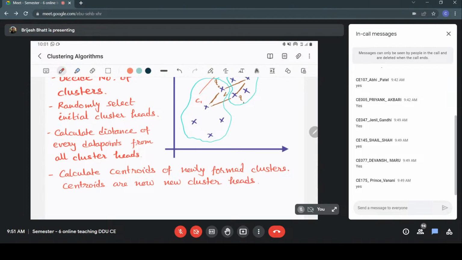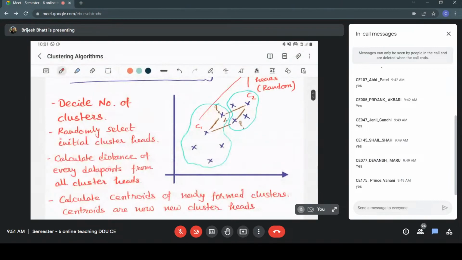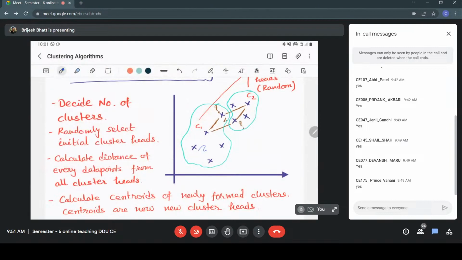So this is where the technique derives its name, right? What we do is we take the mean of these data points, we calculate all these vectors, we calculate the mean, and we make a new centroid. If the data is something like this, then maybe the centroid of C1 will be something like this.